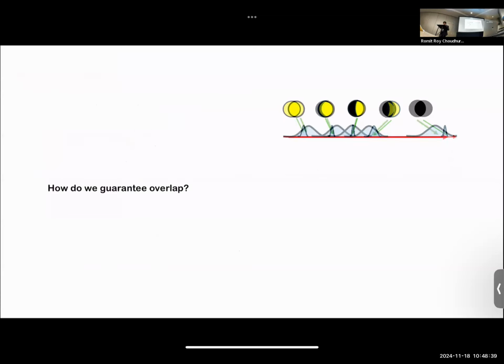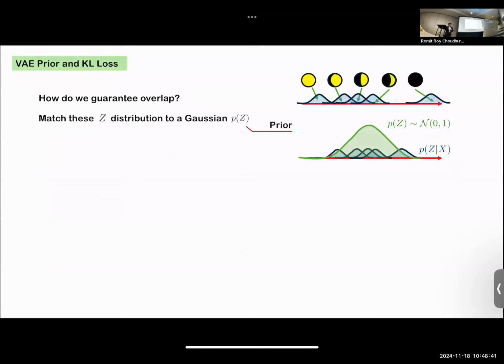In the interest of time, I will directly give you the answer. The answer is we will match all these distributions to a prior, and this prior is predefined. In most cases, we say it's an isotropic Gaussian, this green one. Isotropic Gaussian means a Gaussian with mean zero and identity covariance matrix.